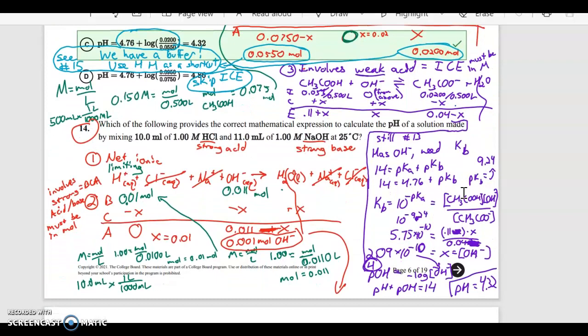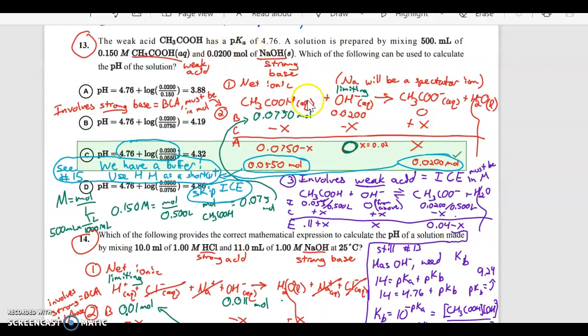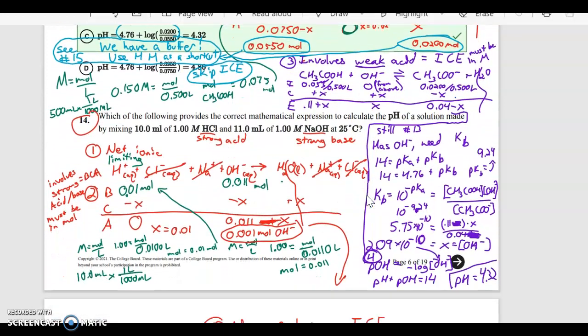But when you go to use those equilibrium values, they give you pKa, but this is a Kb expression because it has OH minus. So you have to convert it to a Kb expression. You can relate pKa and pKb to each other because they add up to 14. You solve for the pKb, figure out what the value for Kb is.